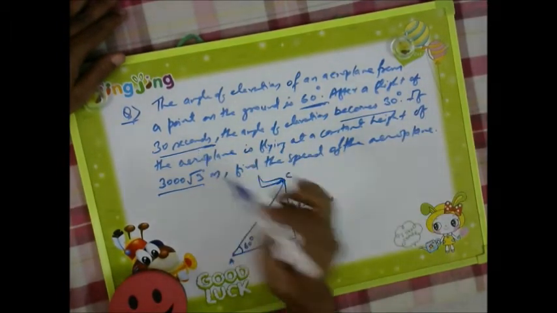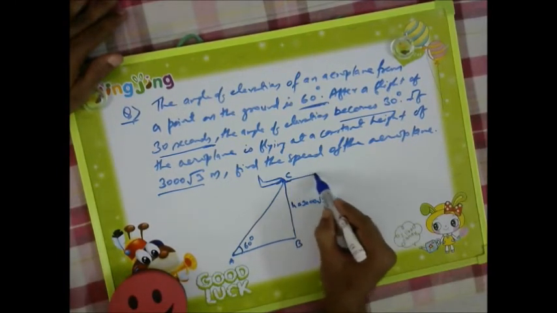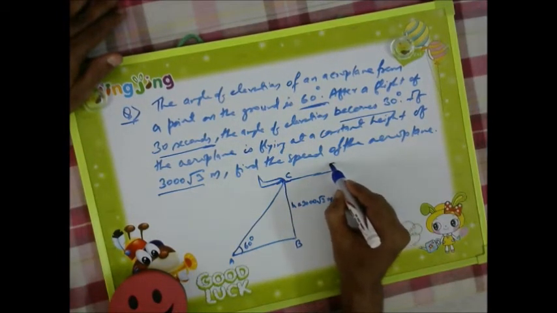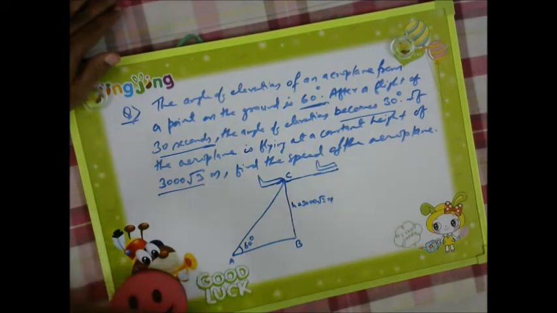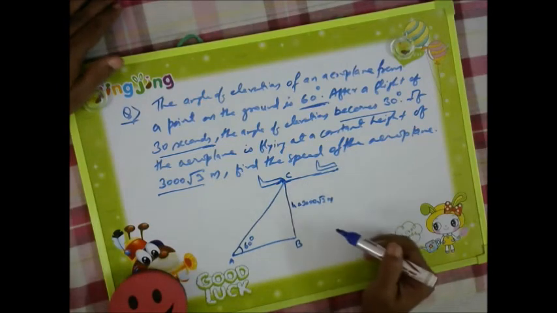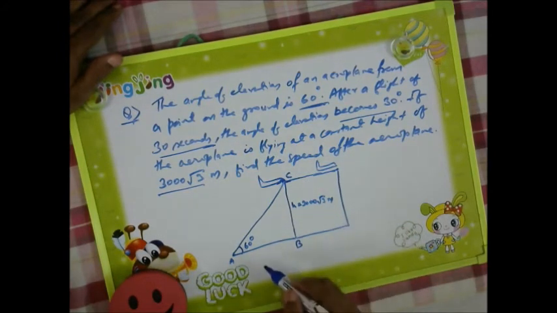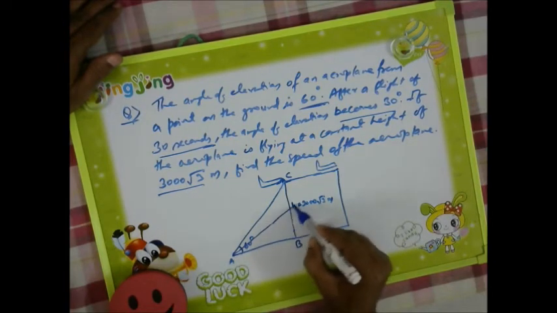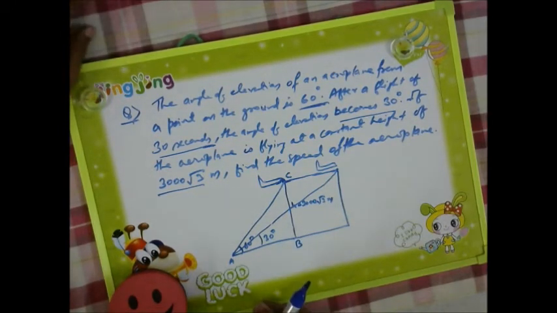Now after a flight of 30 seconds, for 30 seconds this aeroplane has moved forward, and the aeroplane's new position is this point, and to cover this distance it has taken 30 seconds. If we draw a line in this way, the angle of elevation became 30 degrees.